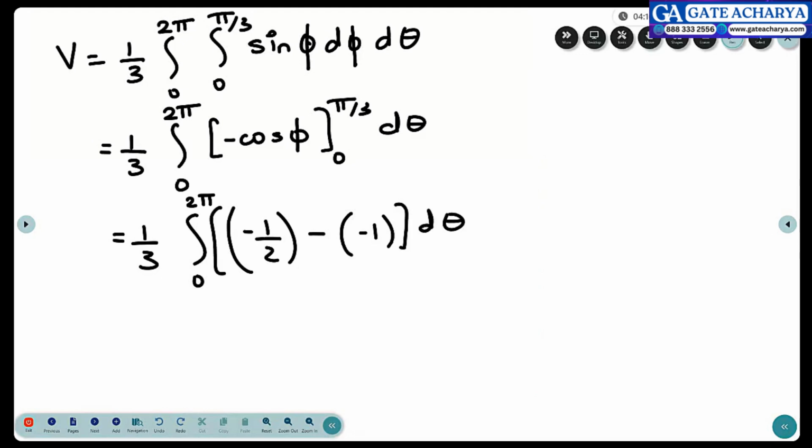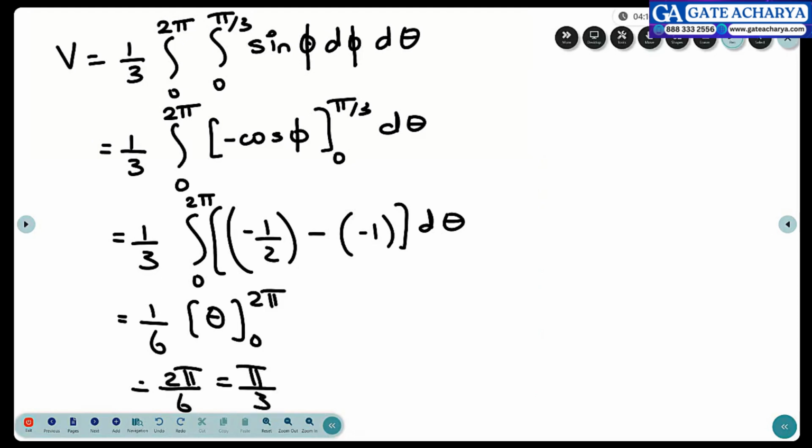So this is 1 minus 1 by 2. What is that? 1 by 2. So 1 by 3 into 1 by 2 is what? Then what is the integration of theta? So the answer is 2 pi into 2 pi divided by 6, that's it.